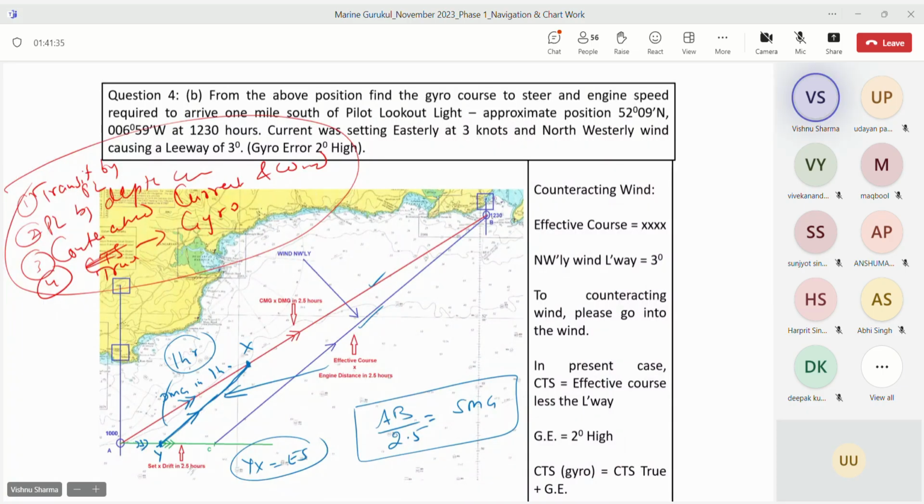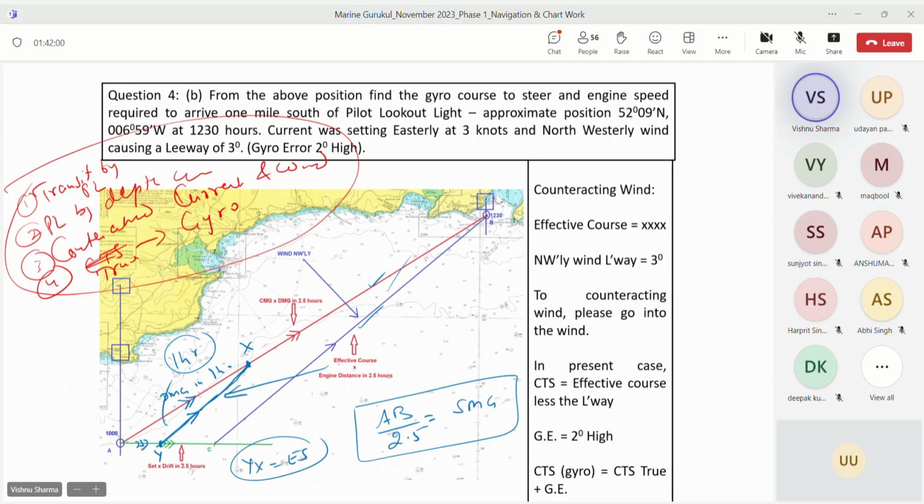So you can make the bigger triangle for 2.5 hours if you so desire, or you can make the triangle for 1 hour, whatever you want to make. Be careful. Conceptually, you should be absolutely clear as to whether you're making a triangle for 1 hour or 2.5 hours. Either way, it will be correct. Nothing is wrong, but clarity has to be there as to which triangle you want to make.